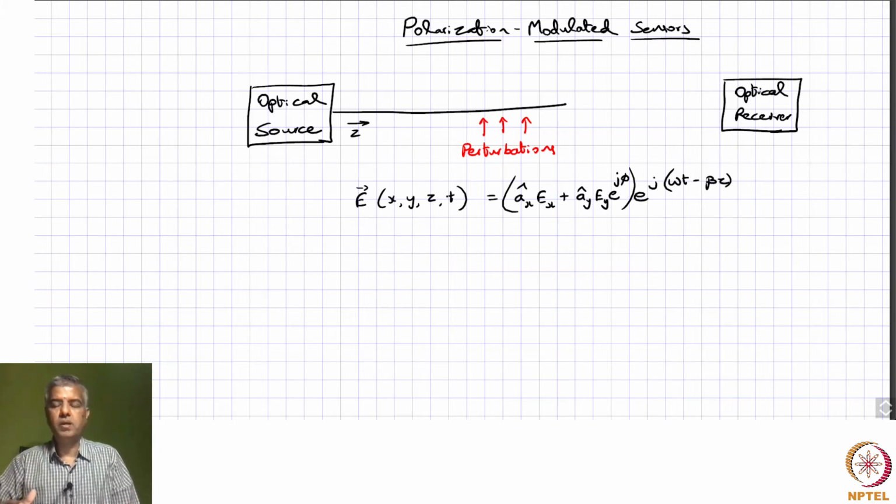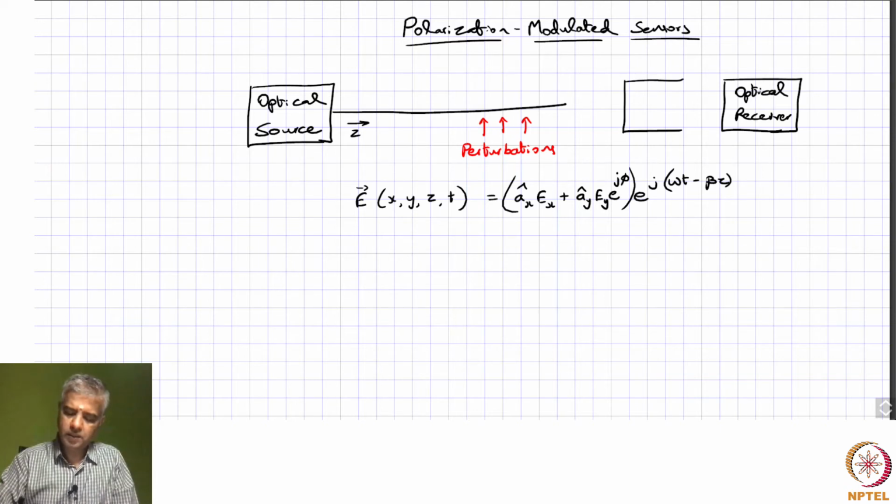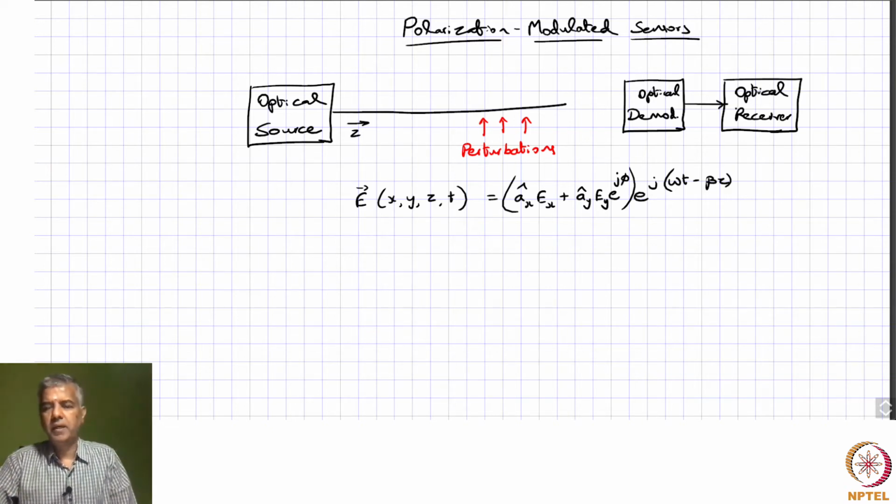So just like how we dealt with this situation with phase modulated and wavelength modulated sensors, in polarization modulated sensors we need an optical demodulator, which can convert changes in polarization to changes in intensity, and then that can be picked up using our optical receiver.